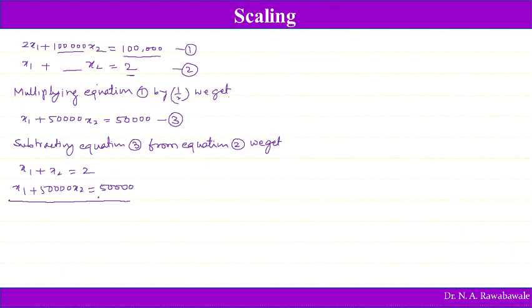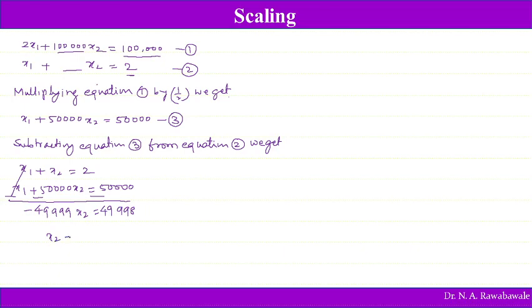So subtracting, this will be 1 minus 50,000, that is minus 49,999 x2 is equal to minus 49,998.